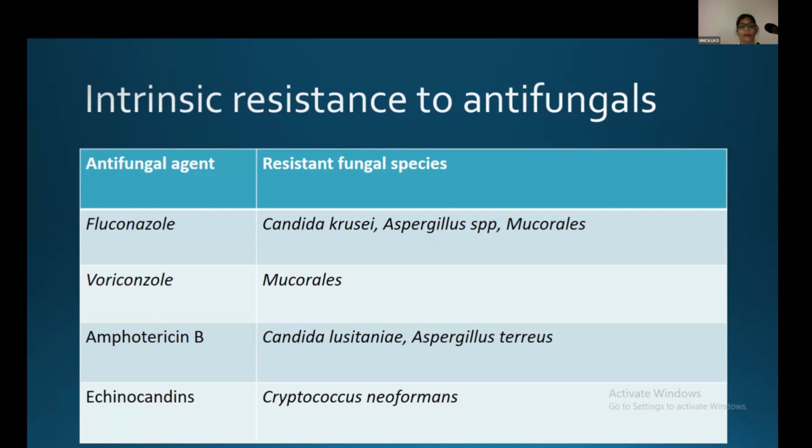Okay. Then amphotericin B. There is one species of Candida called Candida lusitaniae, and one species of Aspergillus called Aspergillus terreus, which have intrinsic resistance to amphotericin B. Then echinocandins. Cryptococcus neoformans is one yeast which is intrinsically resistant to echinocandins. Otherwise, echinocandins are a very good group of antifungals. Okay, and that was all about it.